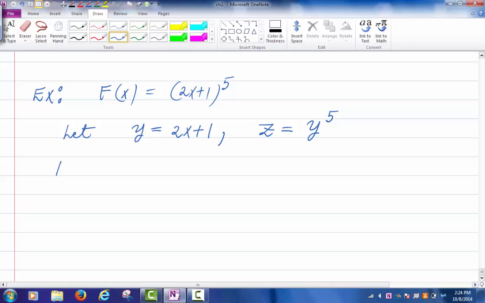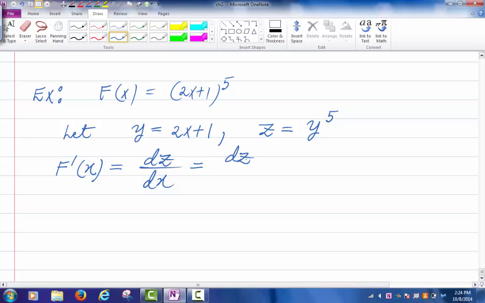Notice that if I want to find f prime of x, then I am basically asking for dz/dx. So what is dz/dx?